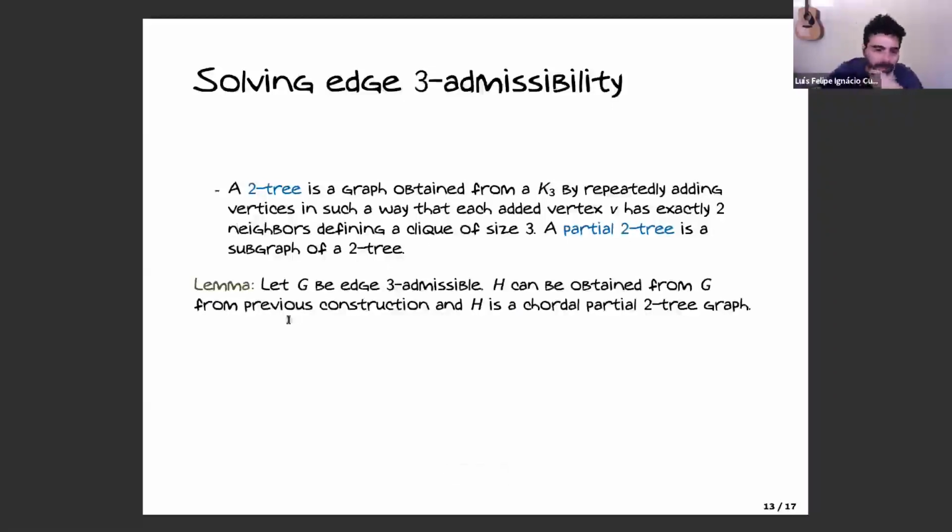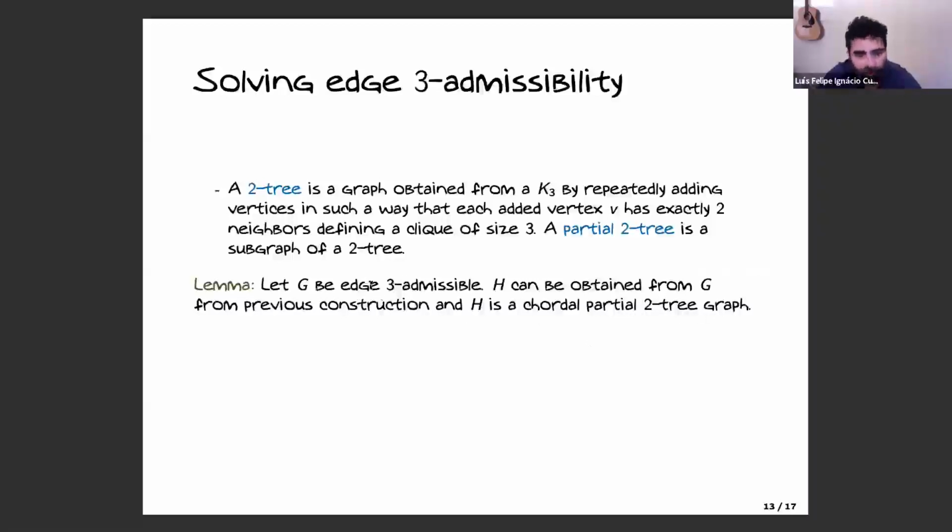What we have is that, let G be edge-free admissible. H can be obtained from G from the previous construction. Such a graph is a chordal partial 2-tree graph. Based on the previous result, we obtained necessary and sufficient conditions to have a partial 2-tree graph.